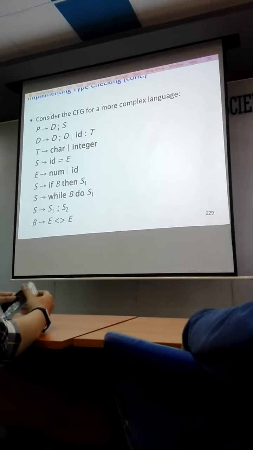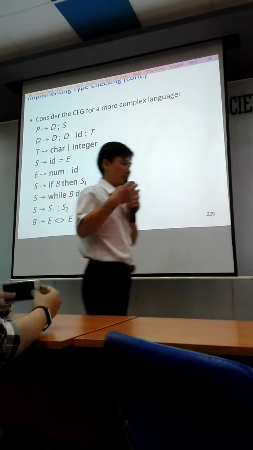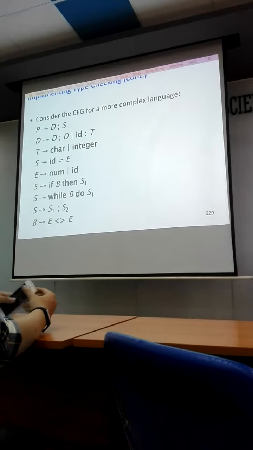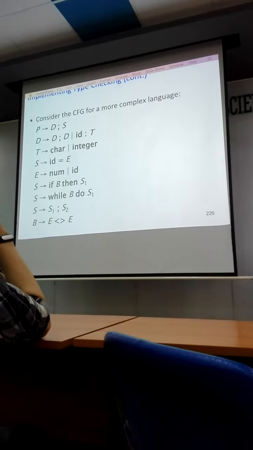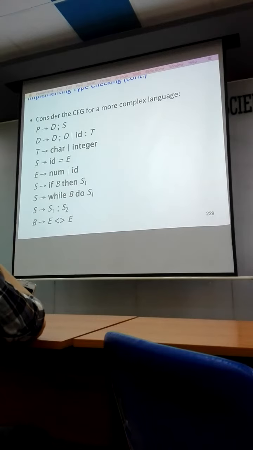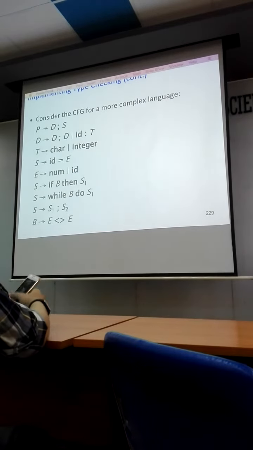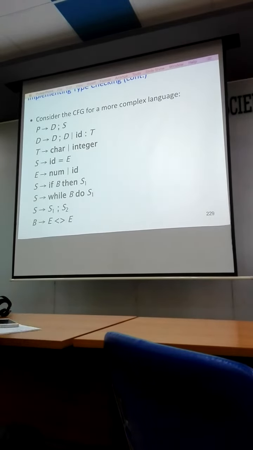Now, in this example, I expanded the previous grammar to get a more complex context-free grammar. Okay, and once again, can you see? This is an ambiguous grammar. Why?